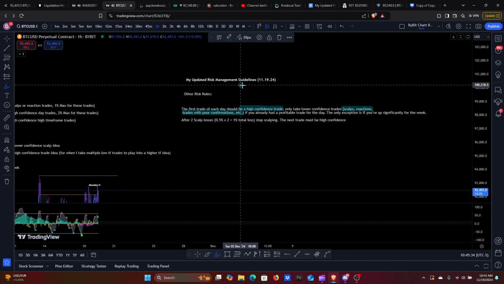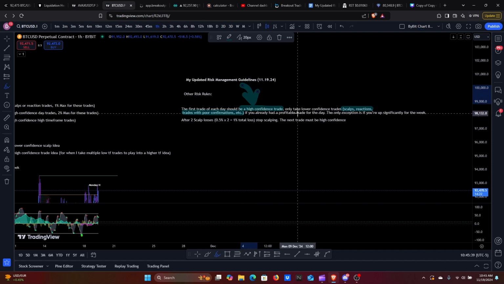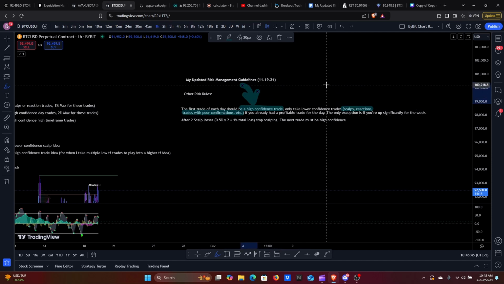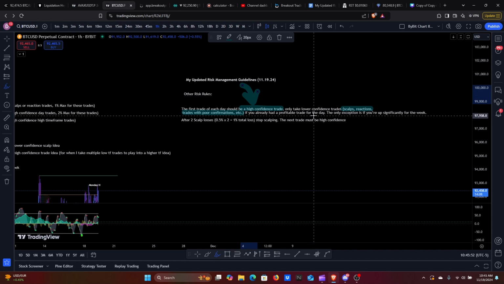If I locked in, I don't know, 2% for the day on a higher confidence trade, then I can afford to risk maybe one quarter of that 8.5% risk on a scalp to potentially make, I don't know, another 1.5 to 2% if I get like a 3 or 4 risk reward out of it. So that's kind of my logic here.